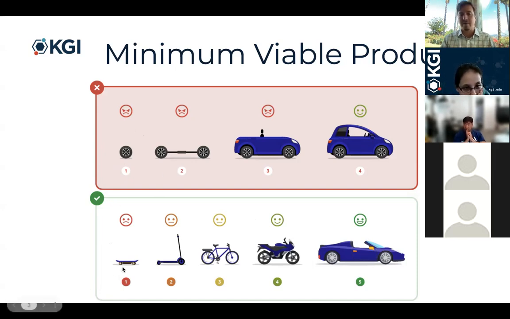And then that might grow from a skateboard into a scooter, into a bike, into a motorized bike, and then into that car, right? So think about, what is the problem that you're trying to solve? Or what is the opportunity that you want to start to enable for the user functionally? And then that will help you get that minimum viable product out there.